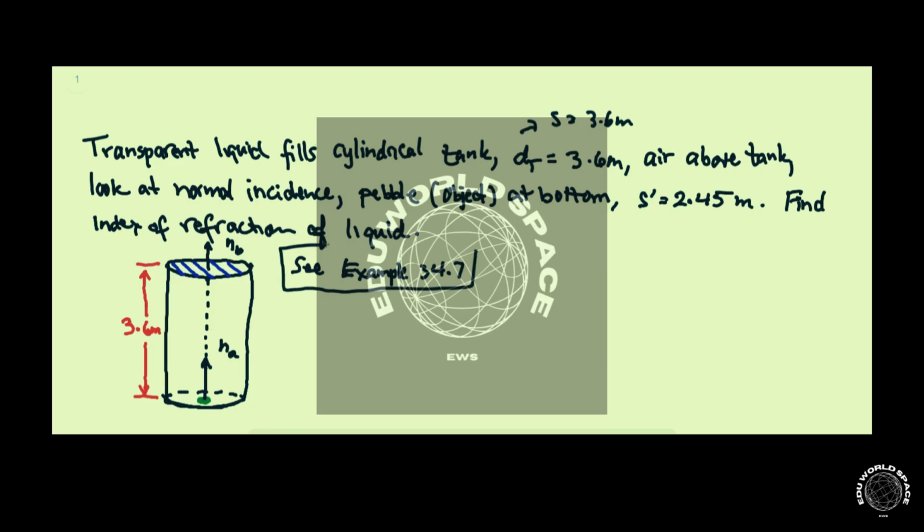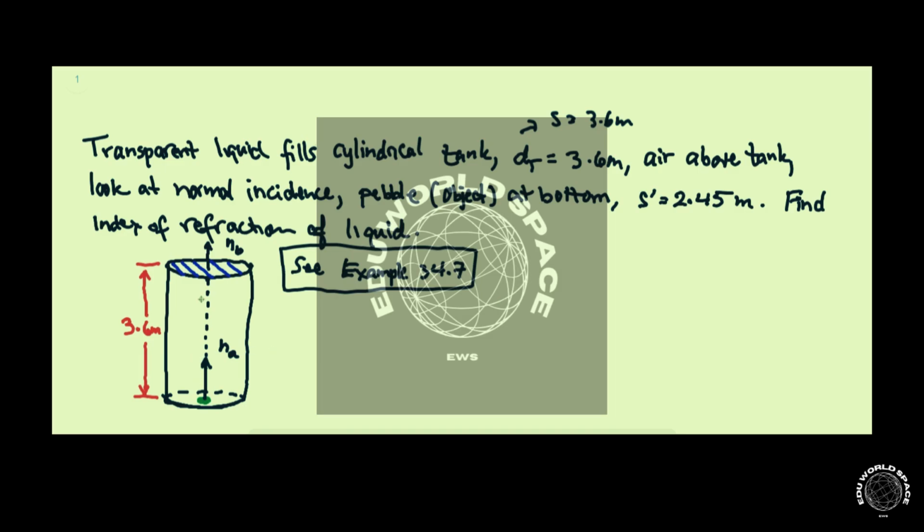I've actually referred you to example 34.7, where it's a similar situation, except that you're given the indices of refraction and asked to find S prime. The reason I point you to this example is that they explain a little bit about the sign convention of S prime, and I'll talk about that a little bit here.